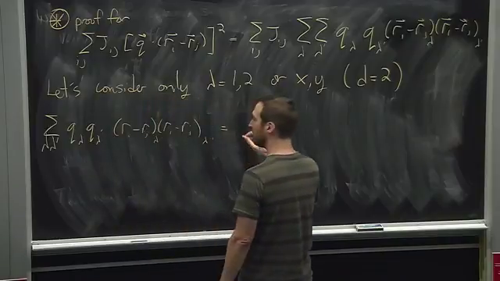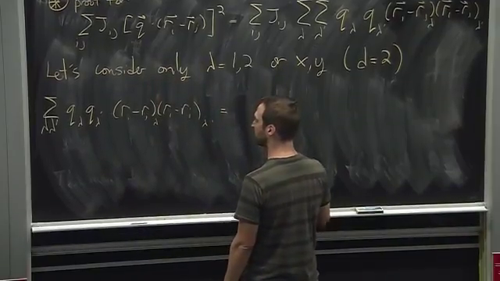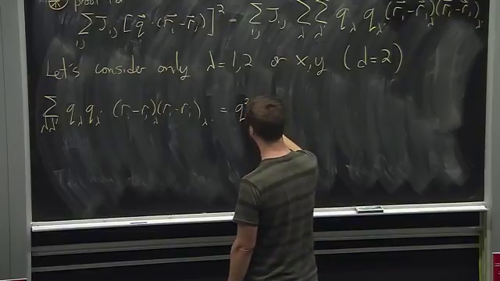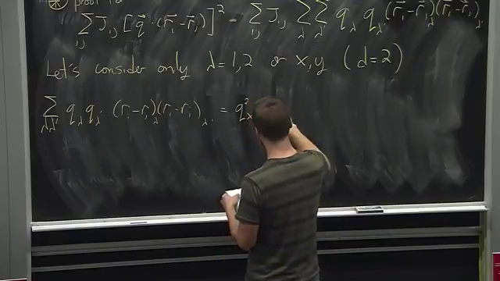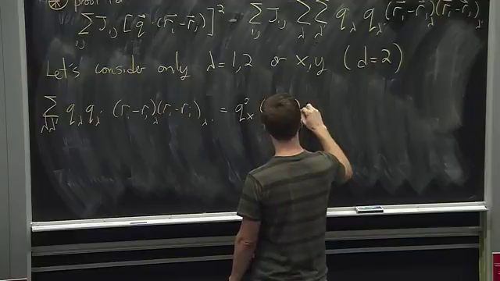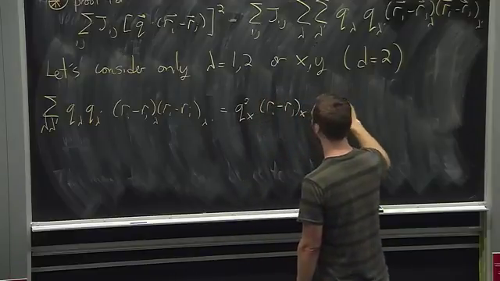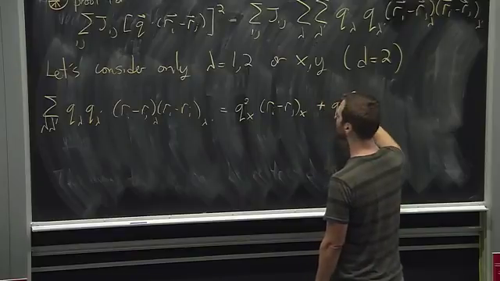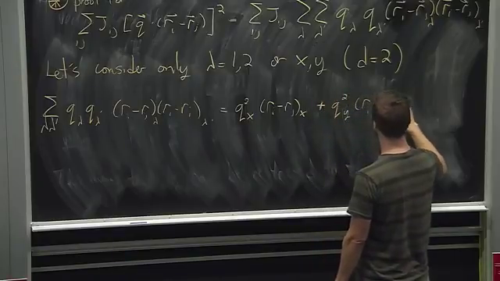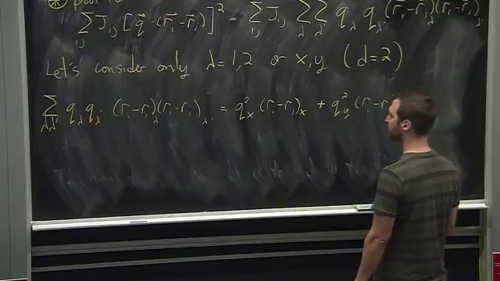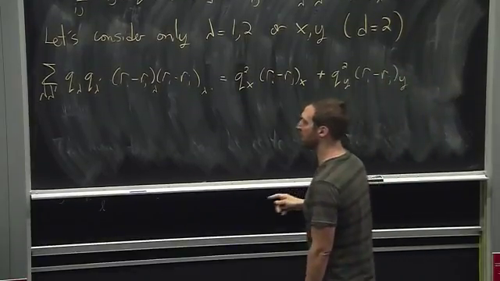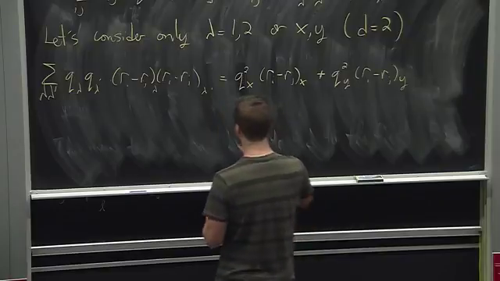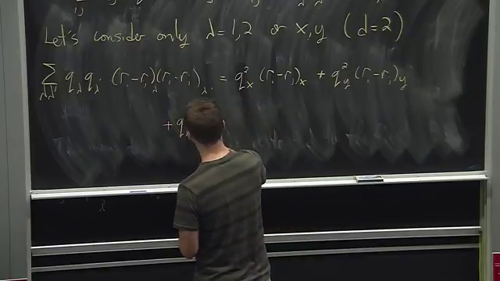I'm getting lazy, but there are just four elements in the sum, right? When both indices are equal to x, you'll get something like this. When both indices are equal to y, similarly. But you can have lambda equals x, lambda prime equals y, and vice versa. So you need cross terms.